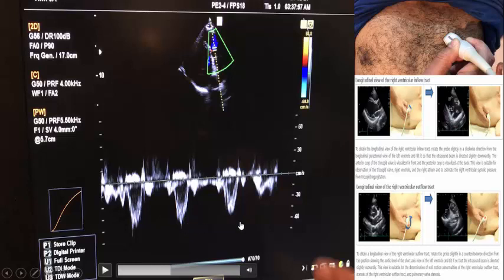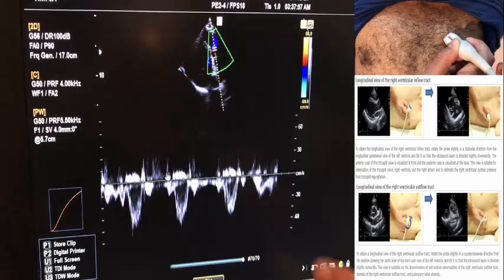What else? If you have slight pulmonary regurgitation here, the systolic flow will be away from my probe and will appear below the baseline, but the pulmonary regurgitation during diastole will go towards my probe and will appear, as you see here, above the baseline. So if you trace this pulmonary regurgitation, you can diagnose a very important parameter.